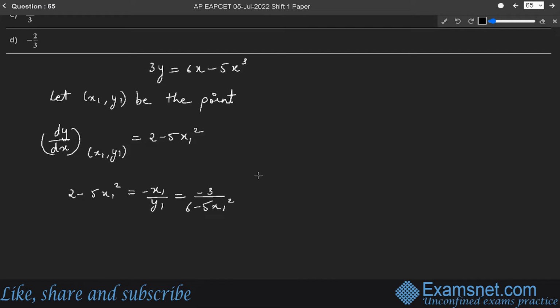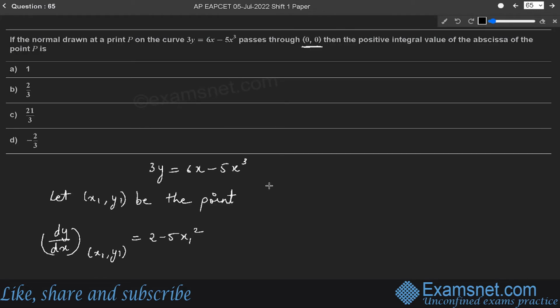Since x1 is equal to 1, it means that it satisfies the equation. So we can say that the correct answer for this question is option number A, which is 1.